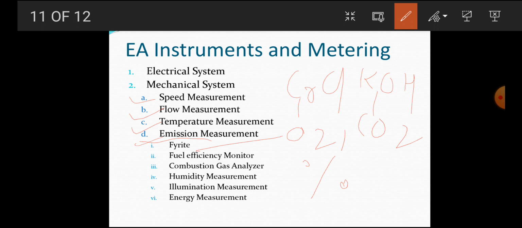Chemical reactions take place between these flue gases and absorbents, and the volume of gases is available on the scale. With the help of this principle, the oxygen and CO2 are measured. Then fuel efficiency monitor.